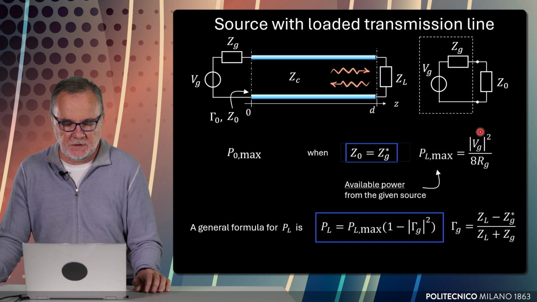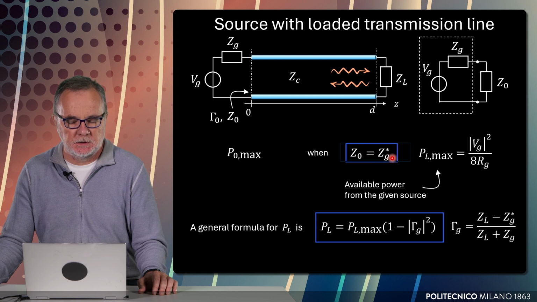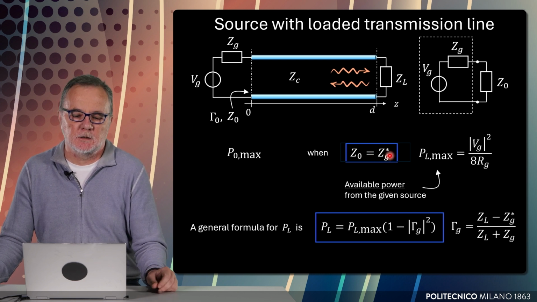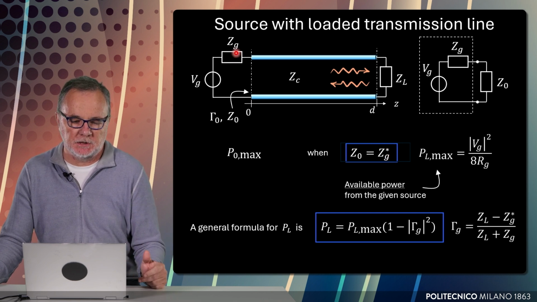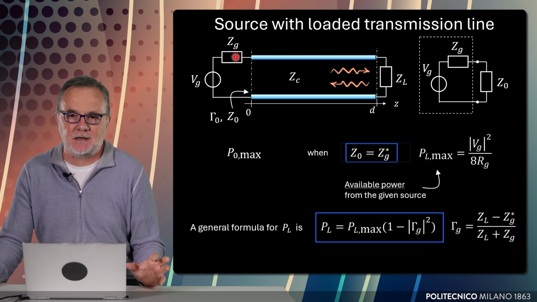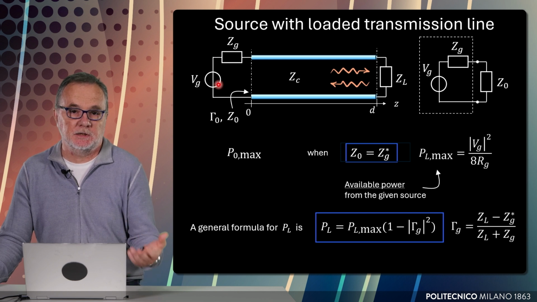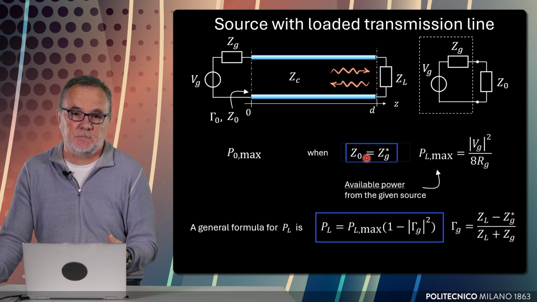Now, there is a so-called matched condition that is represented by this expression, Z0 equal to Zg complex conjugate, that corresponds to maximum power absorption for a given source with an internal impedance Zg by a load, which means that in order to extract the maximum amount of power from a source with an internal impedance, you must connect a load which is the complex conjugate of the internal impedance.